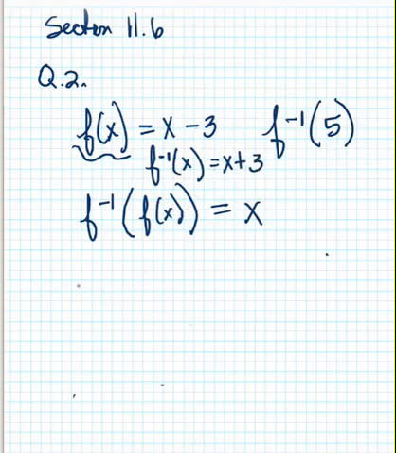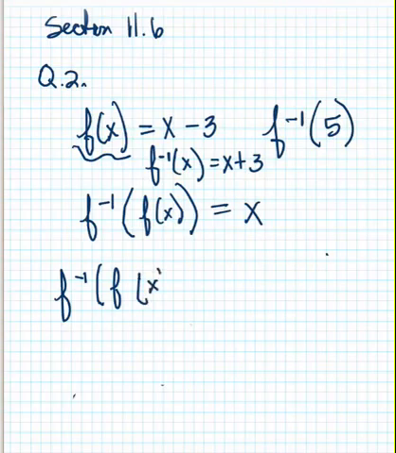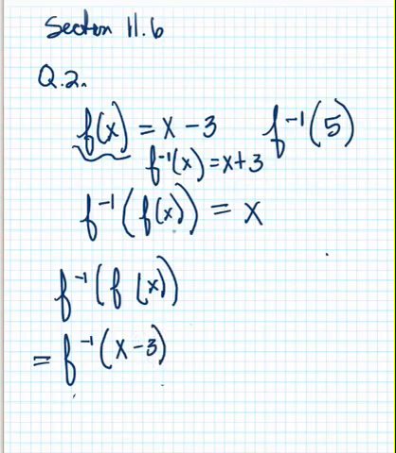We decided that. So the inverse of f of x is going to equal the inverse of x minus 3. Now we put that x minus 3 in the inverse function, and we're going to get x plus 3, excuse me, not x plus 3, we're going to get x minus 3.